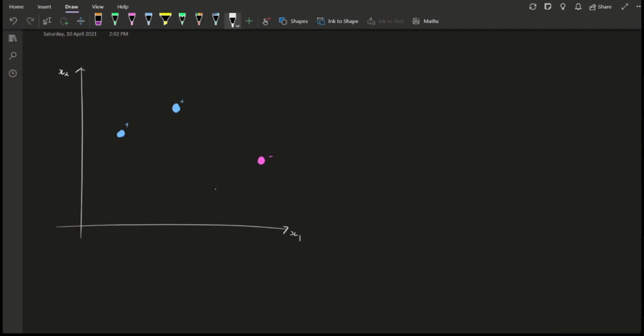One thing with the perceptron algorithm is that it finds one possible solution that can linearly separate this data set. So for example, it has no preference over a decision boundary that looks like this, let's call this theta 1, versus a decision boundary that looks like this.